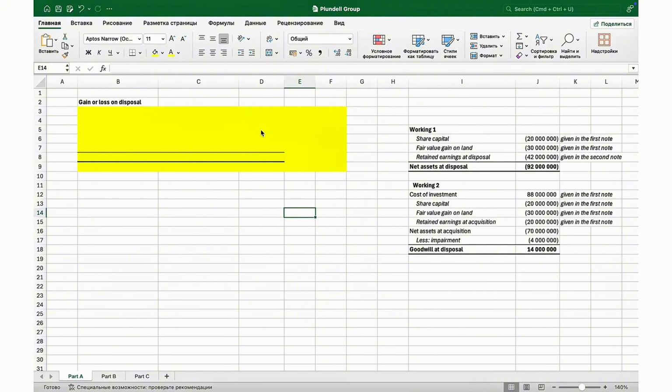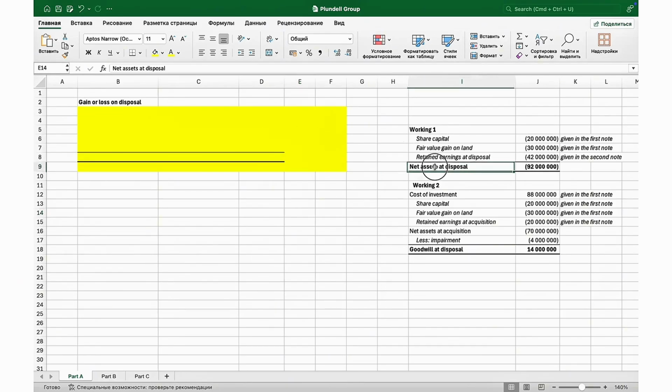Firstly, as we need to calculate gain or loss on disposal, we need sales proceeds, net assets at disposal, and goodwill at disposal. Therefore, let's calculate net assets on disposal first.